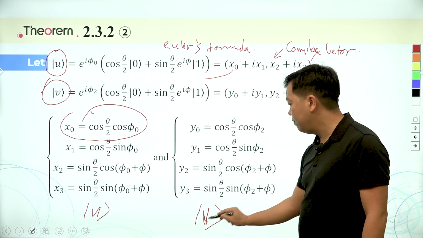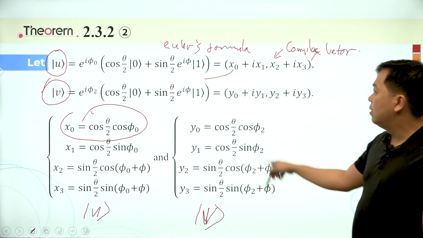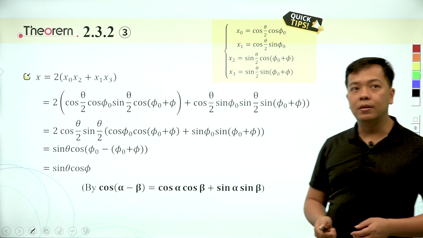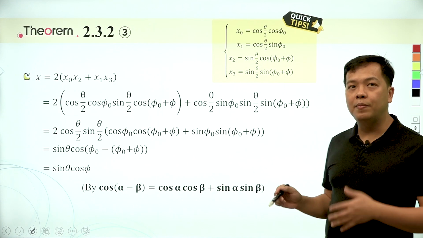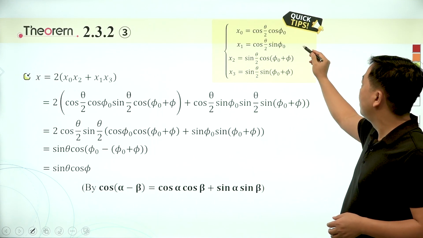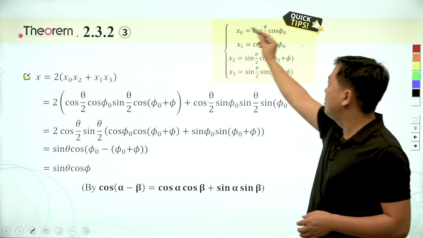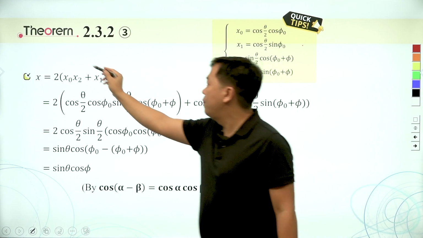So after we calculate, we use the Hopf map, this Hopf, from the Hopf map.